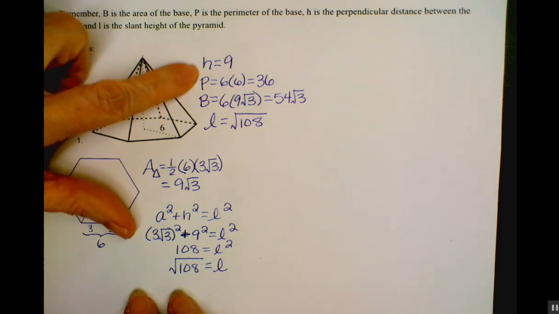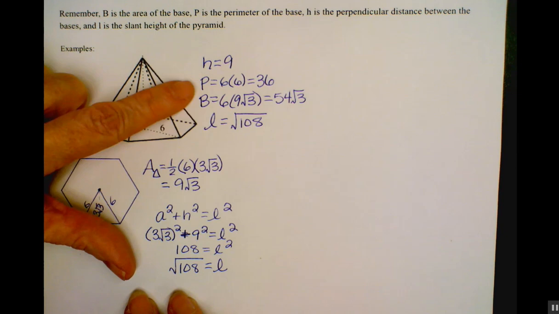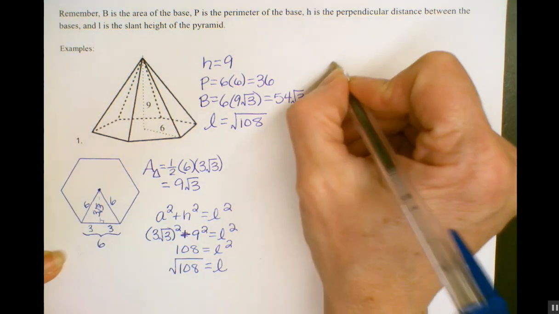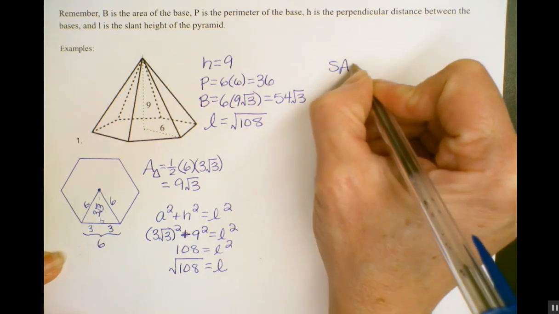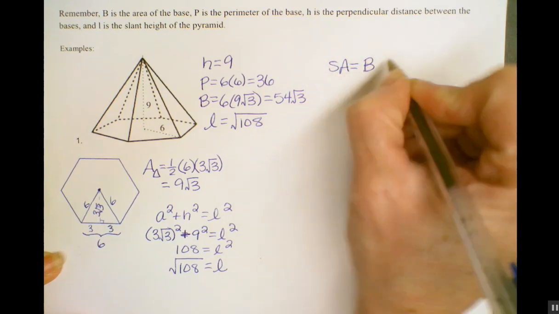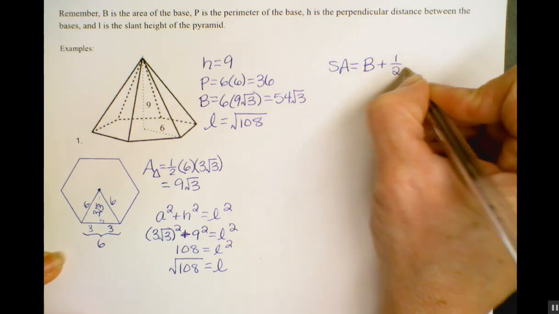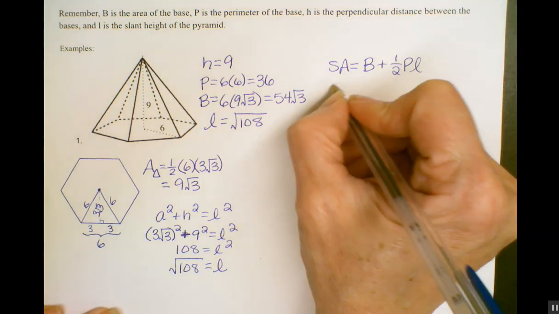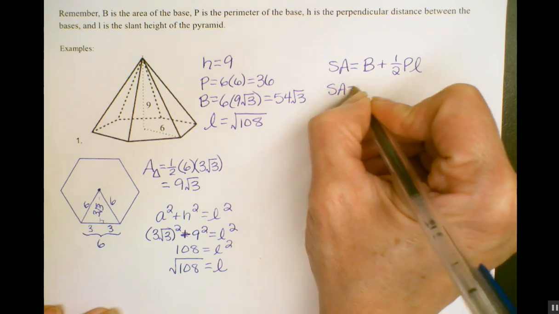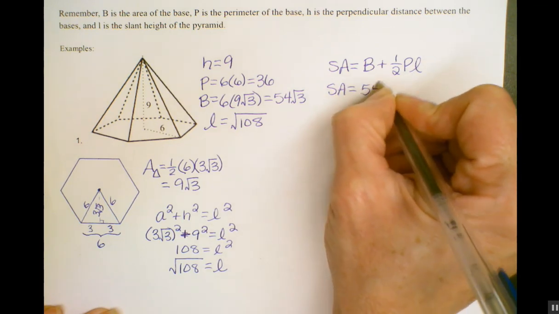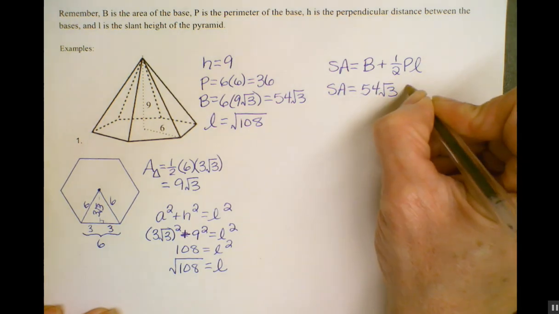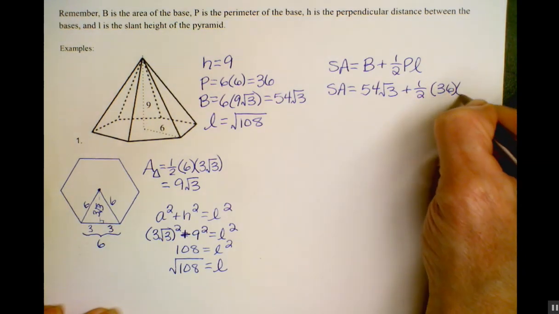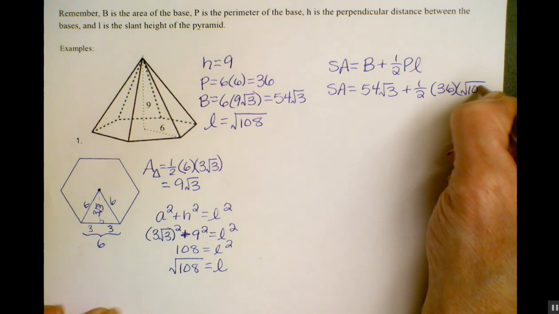Once you have all 4 of these values, H and L, capital B and capital P, then you're ready to determine your surface area and volume. So surface area, the area of the base plus 1/2 times the perimeter of the base times the slant height. Substituting in the appropriate values gives us 54 square root 3 plus 1/2 of 36 times the square root of 108.